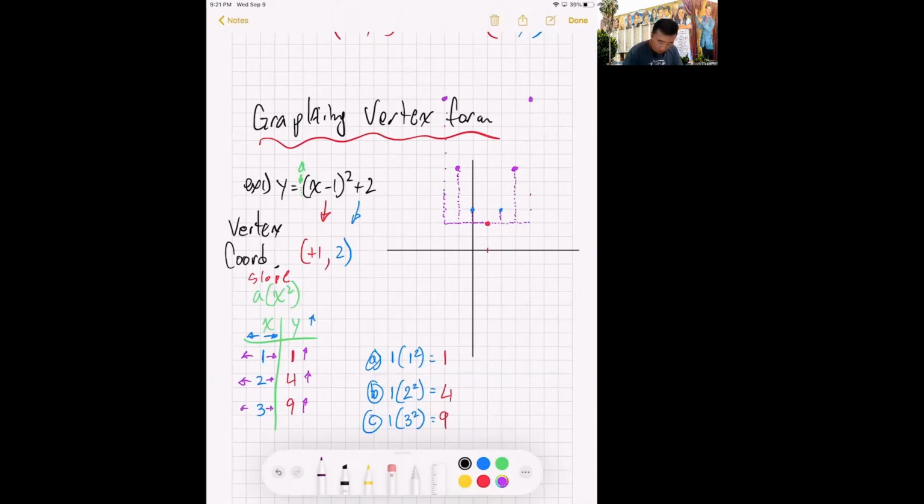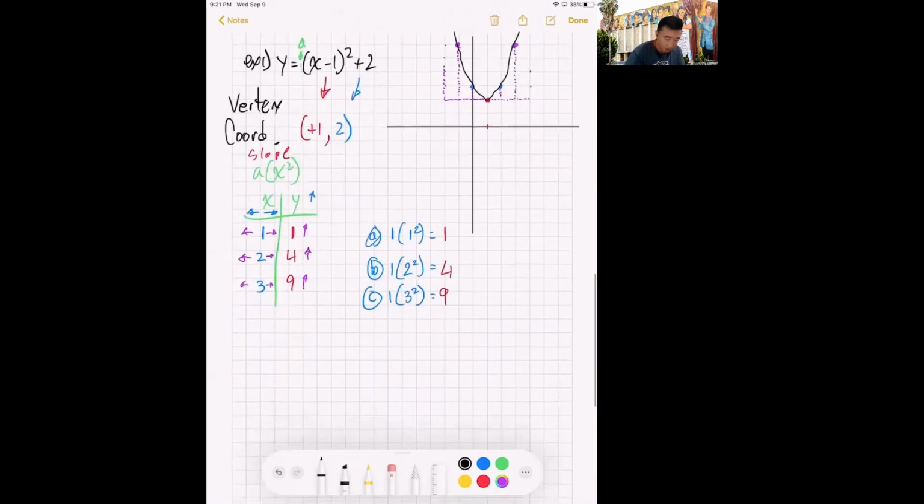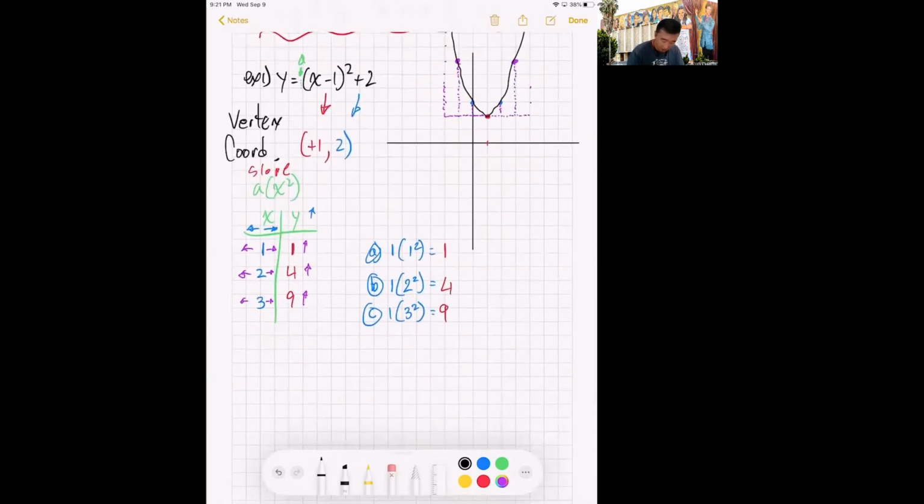So there you have it. You have this sort of vertex that goes like this. I mean, not this vertex, parabola. And like that, okay? So you find the vertex and then you use the A to know the steps up. Now, what's the difference between that and this?